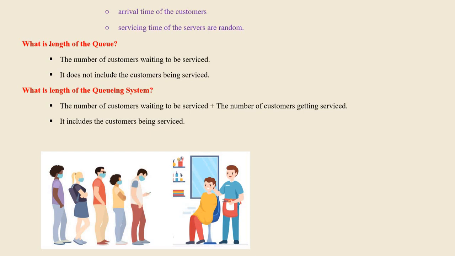One person, person number one, is getting service from the barber, and other persons are waiting in a queue to get service in the barber shop. That is person number two, and persons three, four, five, six. Totally six persons are there.